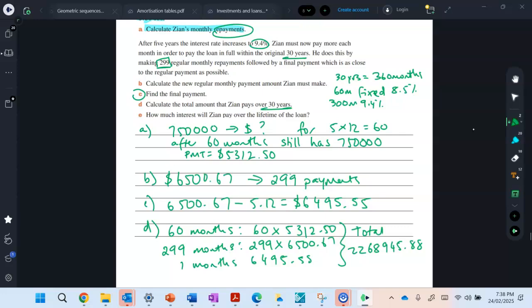But the thing with houses is, for as long as I've known, they're what we call an appreciating asset. So we've learned a lot about depreciation. So an appreciation is an asset going up in value. So a house goes up in value.